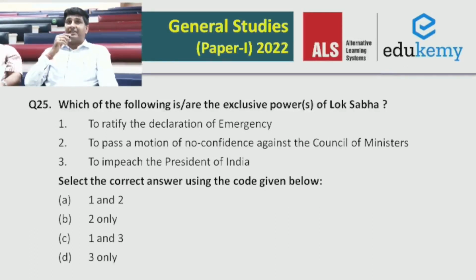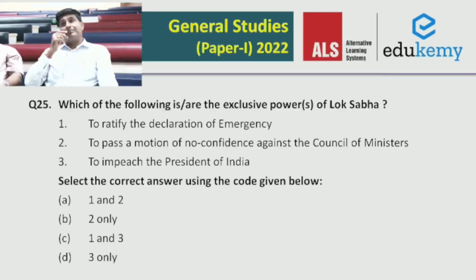Now, the second statement: to pass a motion of no confidence against the Council of Ministers, yes, a no confidence motion can only be brought in Lok Sabha against the Council of Ministers, and if a no confidence motion is passed, it brings an end to the life of the entire Council of Ministers, and this is one of the cardinal principles of parliamentary democracy, where the Council of Ministers must be collectively responsible towards Lok Sabha.